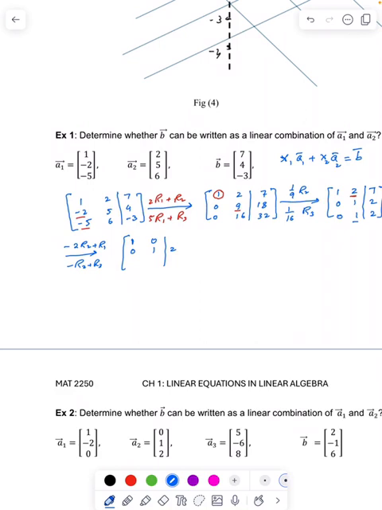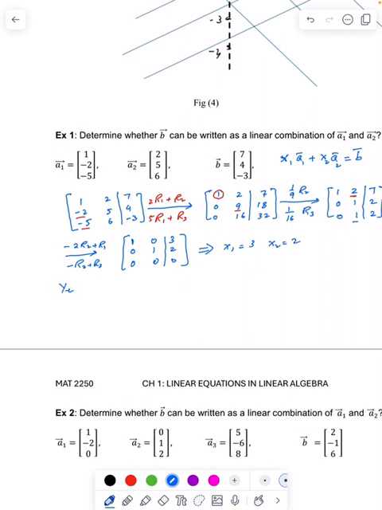I multiplied this by -2 and added it to the 7, so I get 3. And then the last row gives me, which implies that my x1 is 3 and x2 is 2.